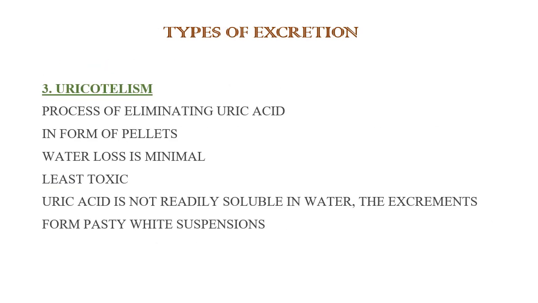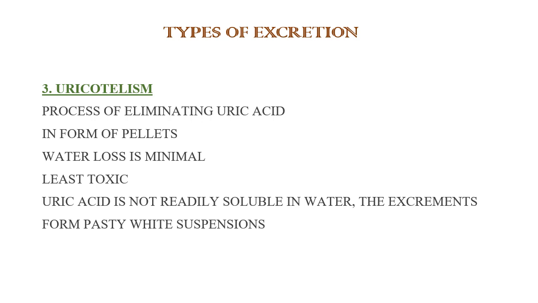Then uricotelism. The process of excreting or eliminating uric acid is called uricotelism. Basically the uric acid is excreted in the form of pellets. Due to less water availability, the excretory product doesn't contain water, so it is excreted in the form of a pellet, and mostly it is excreted as white suspensions.